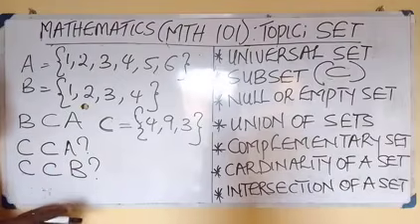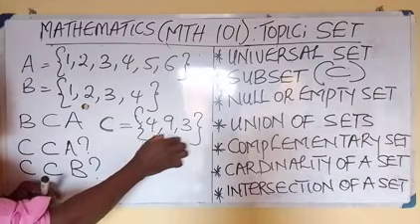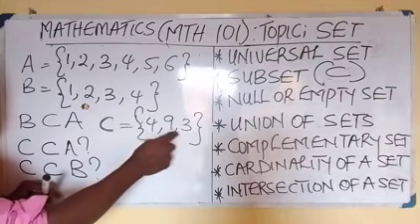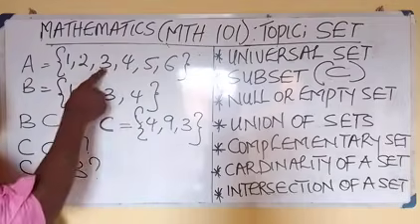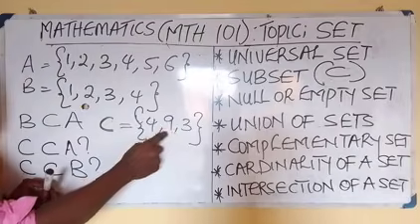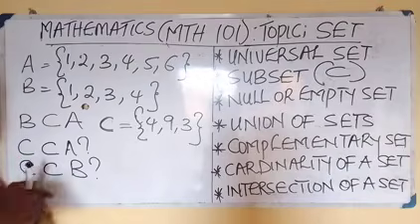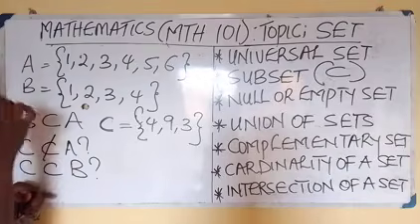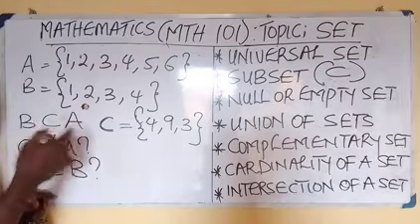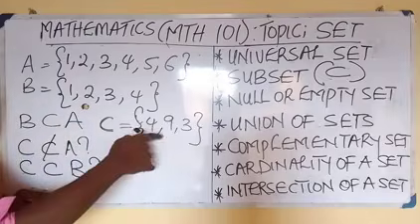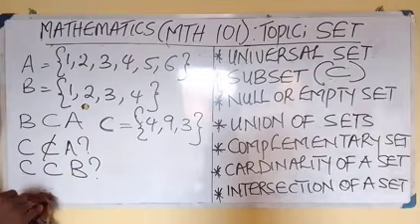The answer is no, because all the elements found in C are not found in A. You have 4 here, you have 4, you have 3, you have 3, but 9 is not found in A. Therefore, C is not, when you say it's not, you cross it. Therefore, C is not a subset of what? A. Because all the elements found in C are not in set A.